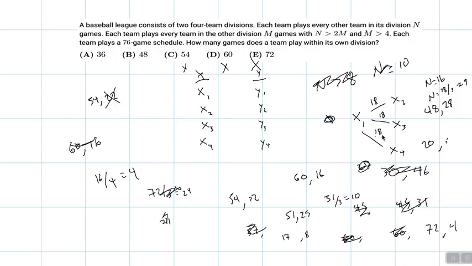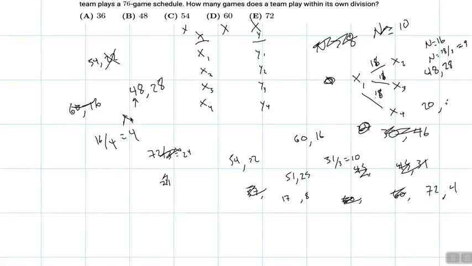Looking at 48, that's if it's 16, 16, 16. So 48, and then plus, yeah, this might be it. 48 plus 28. So this means that N is equal to 16.